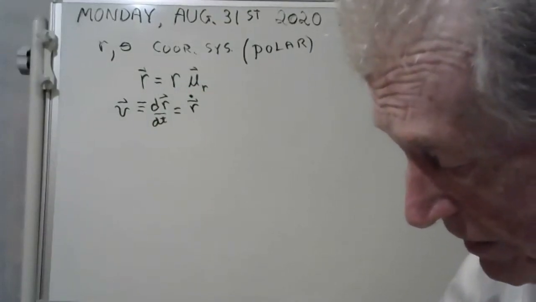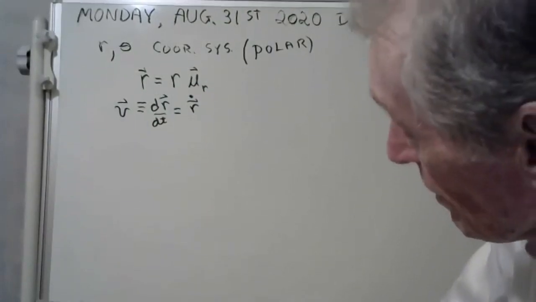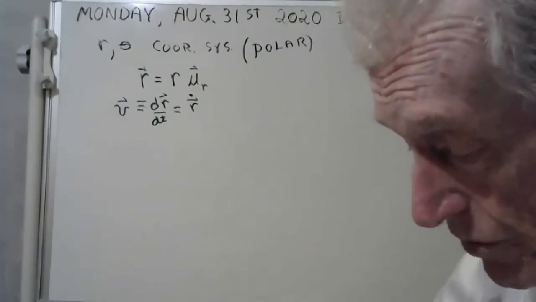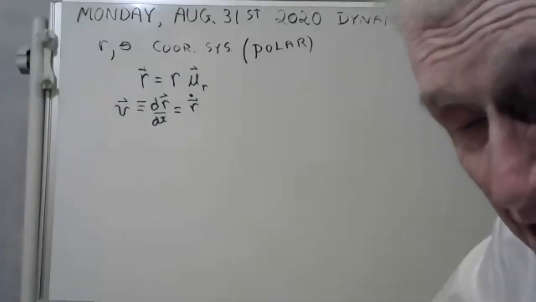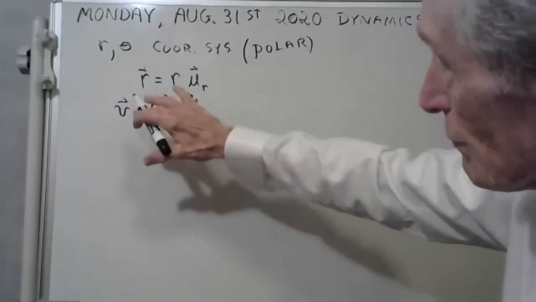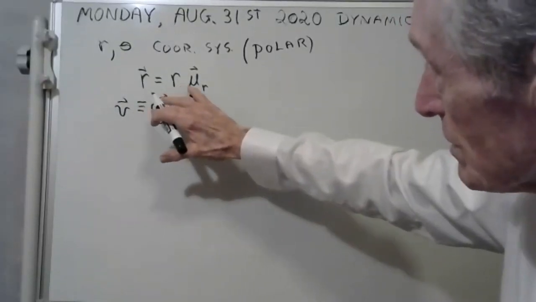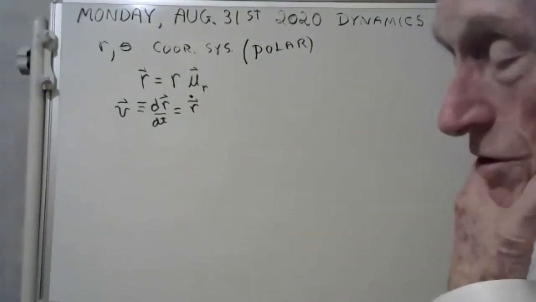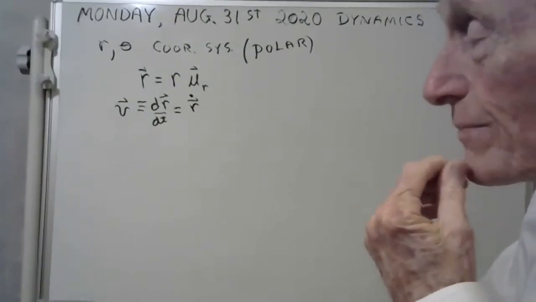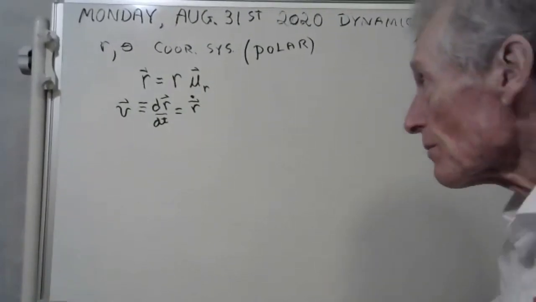They're both changing, they're both variables. And to take the derivative of a product, you have to use the product rule. That kind of makes sense, think about it. If you have a product, R times U of R, and you want to take the derivative of a product, you use the product rule. Okay.